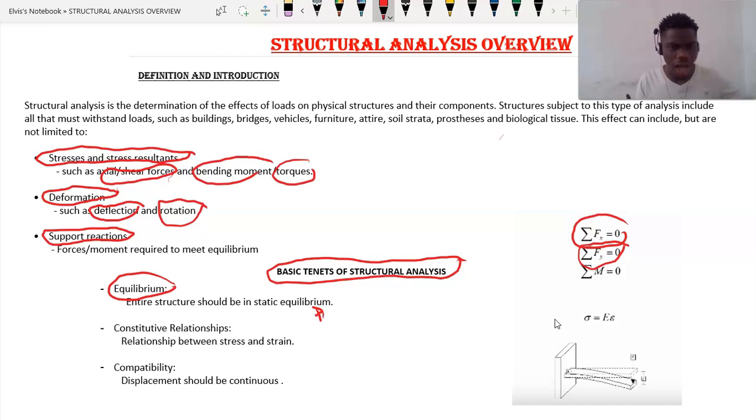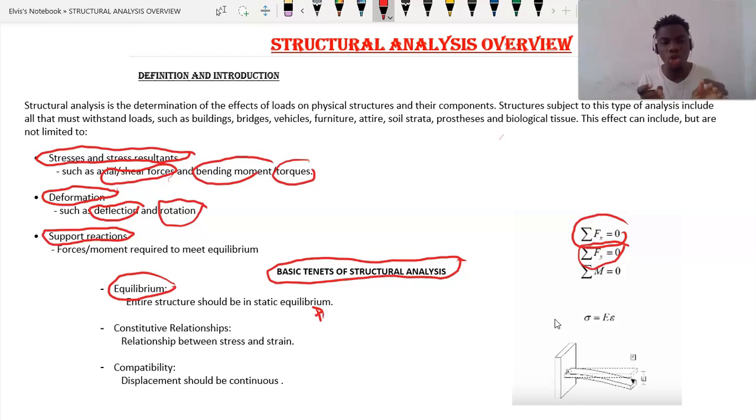We also have constitutive relationship. That is the relationship between stress and strain. We also need to know the relationship between stress and strain in order for us to analyze the buildings. Okay, so this is the idea of Hooke's law. That is, stress and strain need to be proportional.